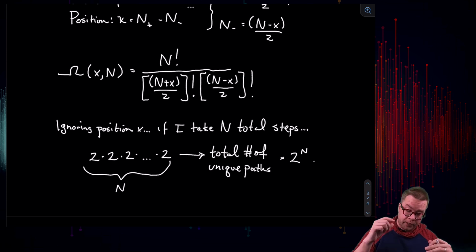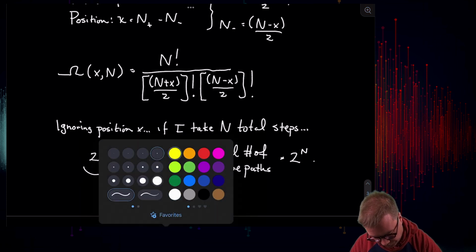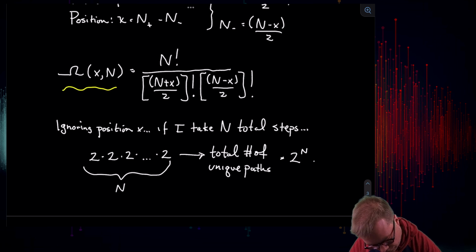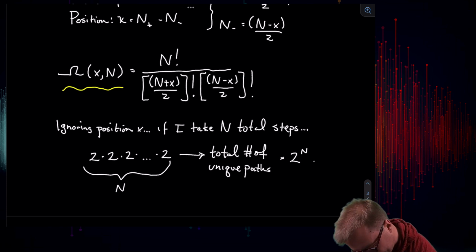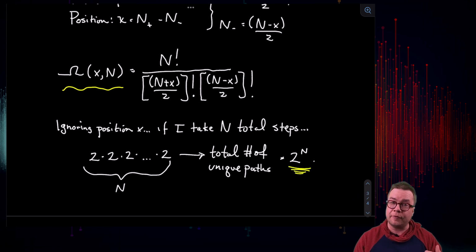Okay, so remember, the microstates that we've calculated, this omega of x and n, is, if you're at a position x and you've taken n steps, how many unique ways are there for you to get to that specific position x after n steps? This thing I've calculated down here is different.